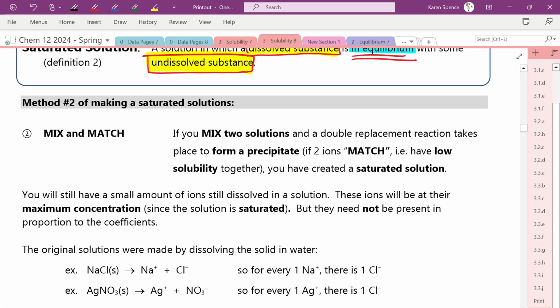All right, so if we mix 2 solutions and a double replacement reaction occurs and we form a precipitate, anytime you form a precipitate, we have created a saturated solution.